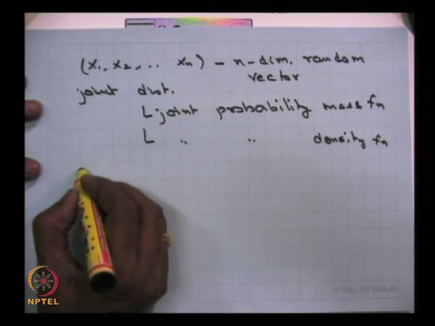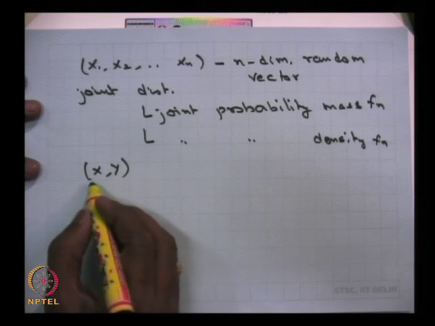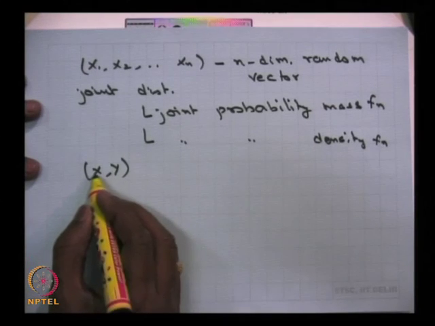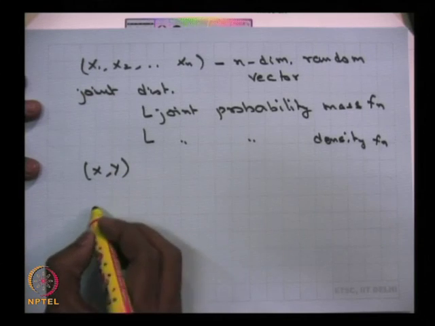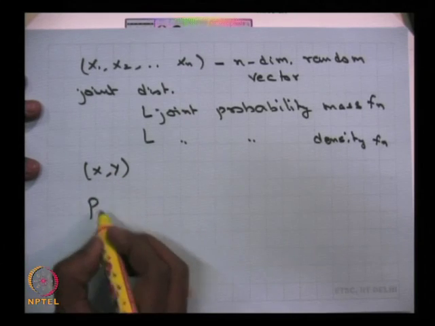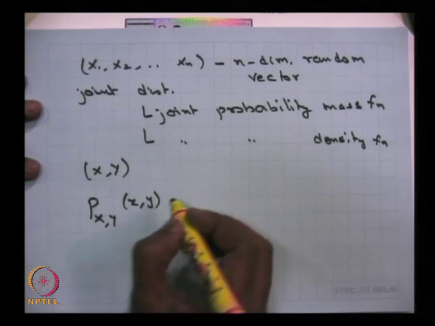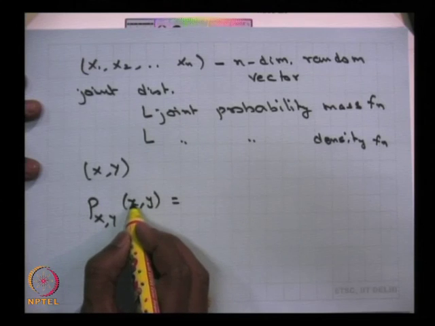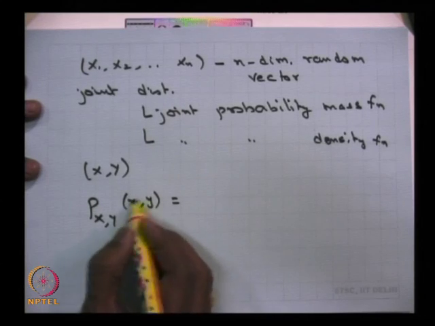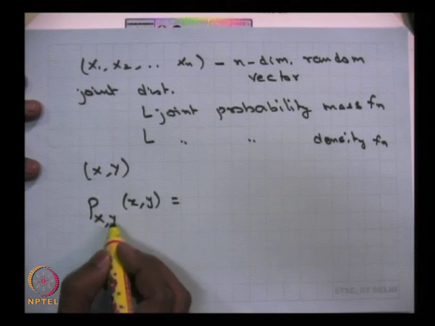Suppose you take an example of a two-dimensional random variable (X, Y). If both random variables are discrete, X is discrete as well as Y is discrete, then you can define the joint probability mass function of this two-dimensional discrete random variable as P(x, y). Here small x and small y are the variables, and (X, Y) denotes the two-dimensional random variable.